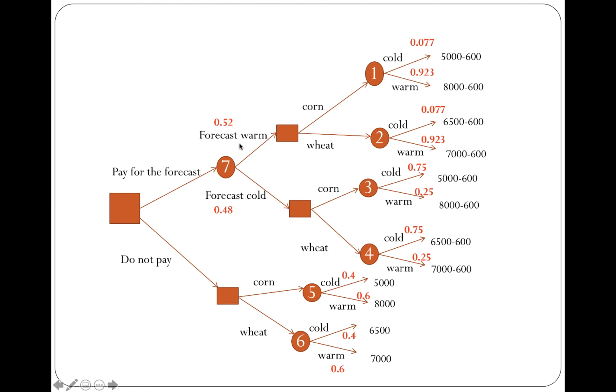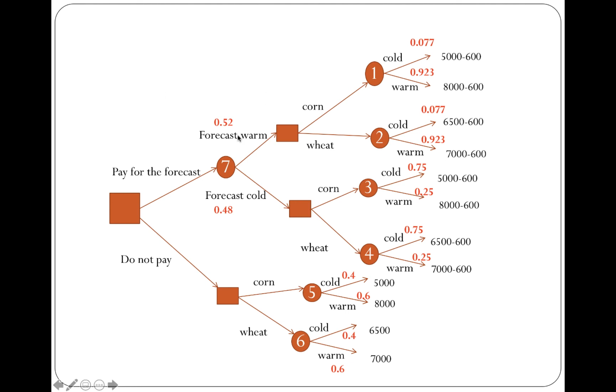The probability that the forecast says warm and the probability that the forecast says cold were not given in the problem statement, but we calculated them in the two probability slides. If you go back to those slides, you will see that the probability that the forecast says warm is 0.52, and the probability that the forecast says cold is 0.48.